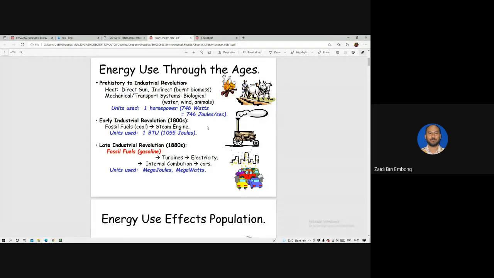But in the era of the industrial revolution, they used BTU. BTU stands for British Thermal Unit. 1 BTU is equivalent to 1055 joules. Later, during the industrial revolution in the 1800s, the use of fossil fuel became very dominant.